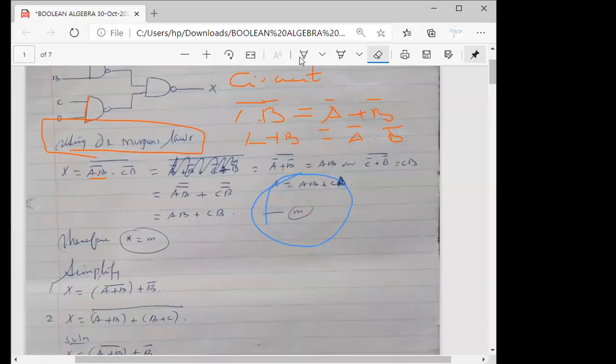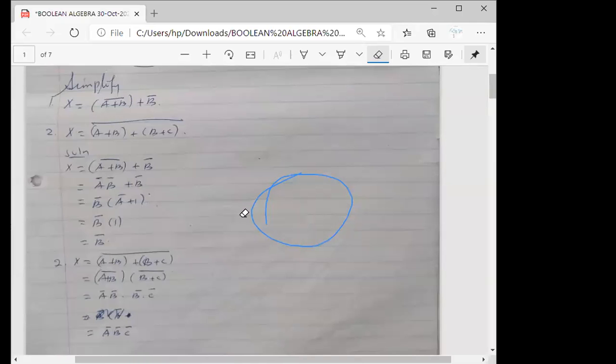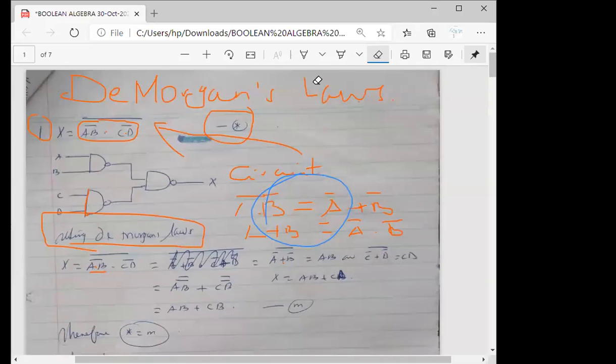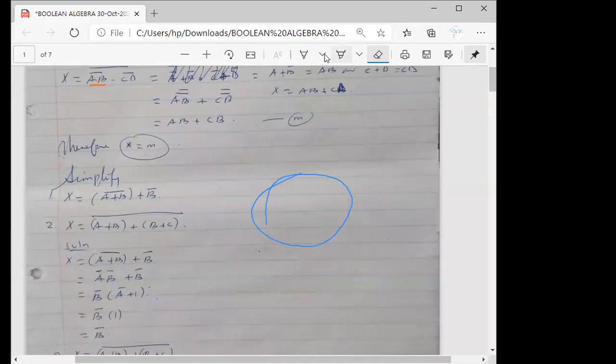You can't erase. Is it from my original notes? Okay, this one must have been a different photo.